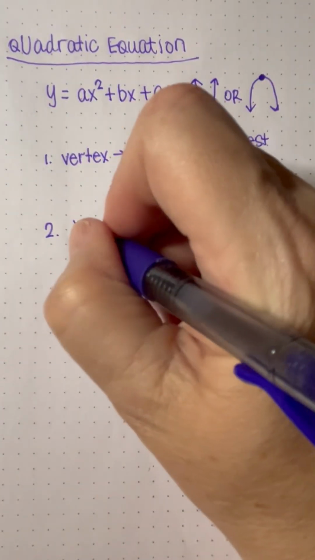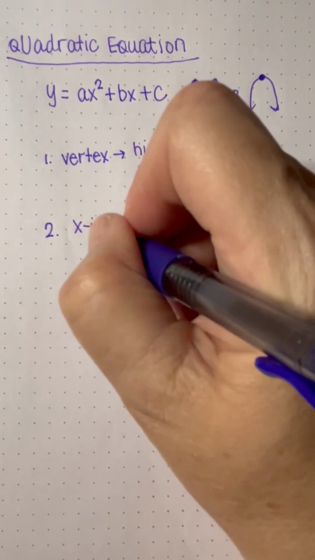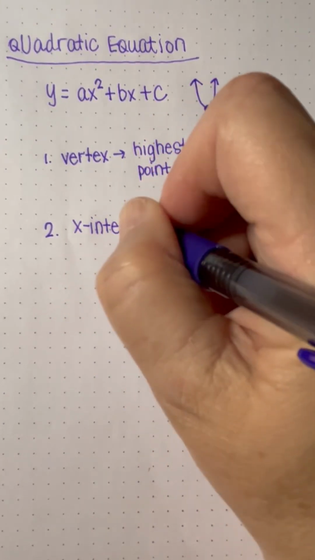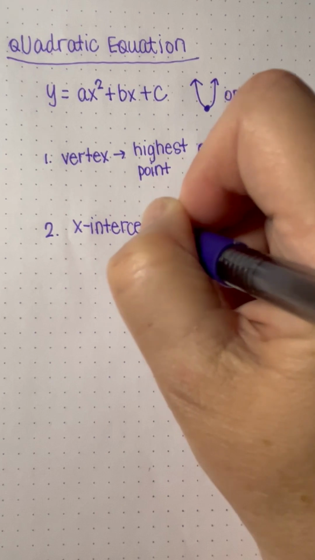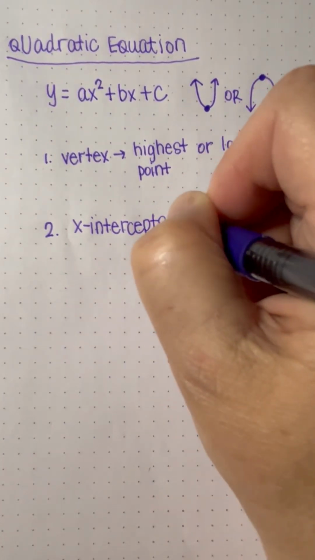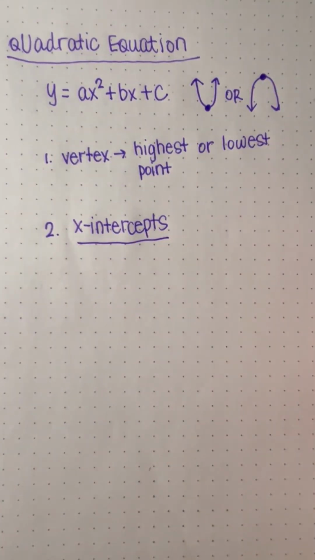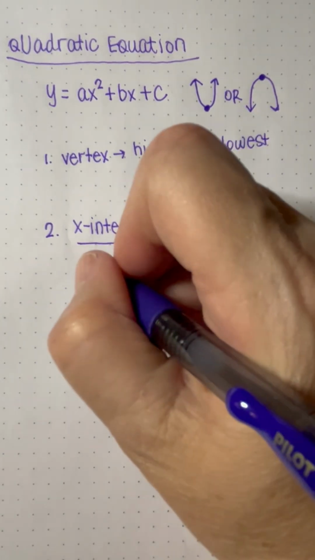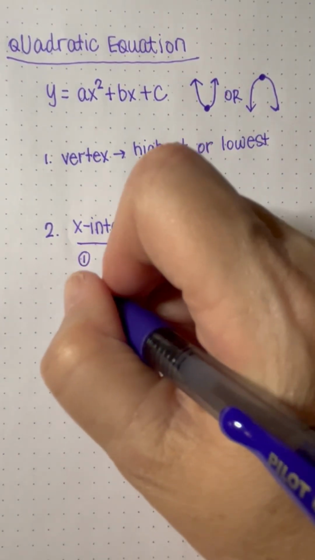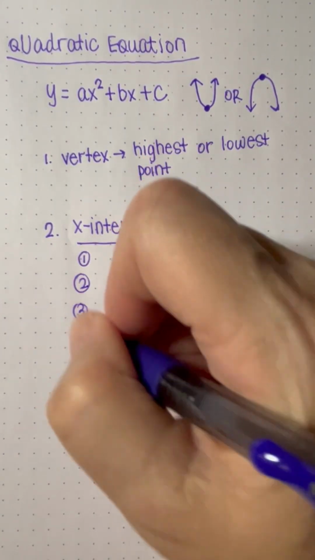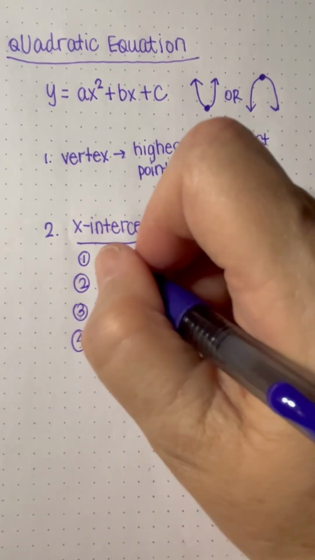Now, something else they want you to be able to identify are the x-intercepts. So they want you to know where the graph crosses the x-axis. And what we discussed is that there are 4 different ways that they can ask you for those x-intercepts. The first one is the obvious way.